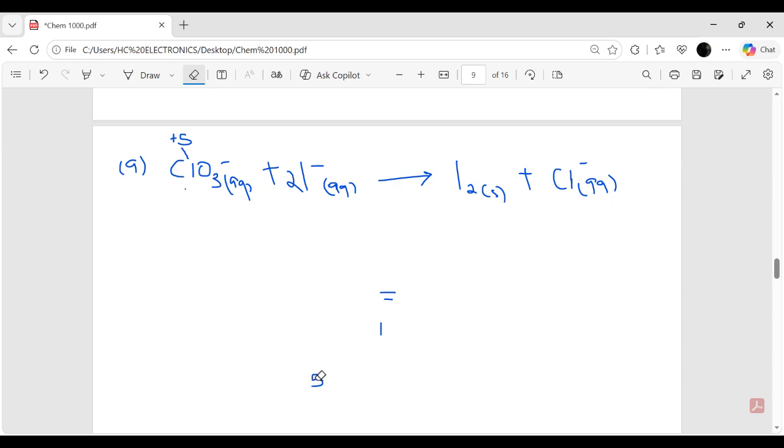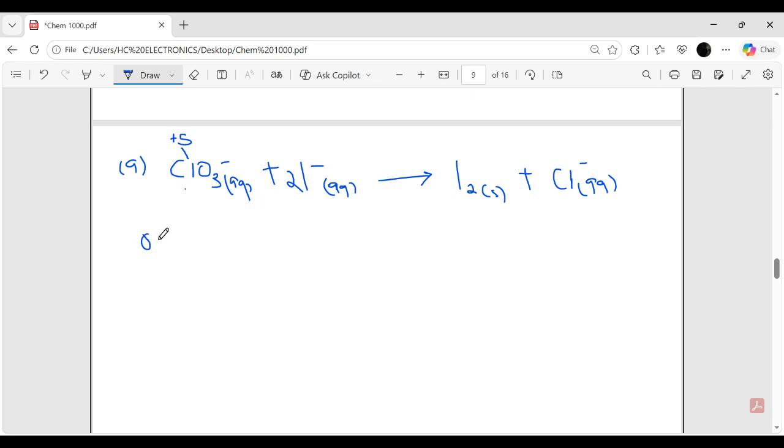And always know this: in every reaction there is always oxidation and reduction. So in this case, we've identified that chlorine is undergoing oxidation. So we're going to write the oxidation half cell reaction.